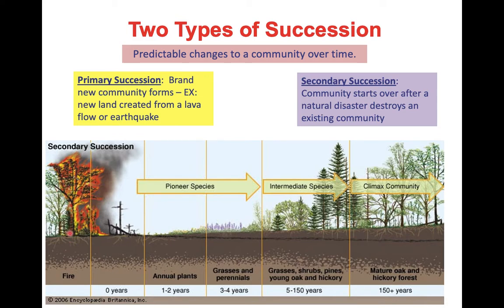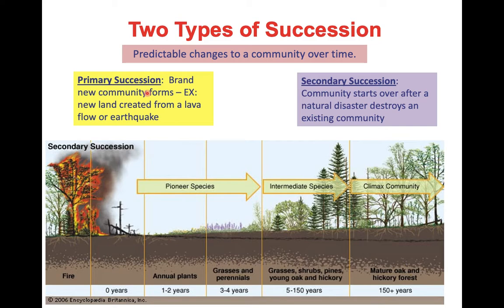Well, there were a lot of nutrients in the soil, because organisms were already there. All of those nutrients are in the soil now, and that means the succession process to reach a climax community is going to happen a lot faster. So secondary successions happen a lot faster than primary successions.